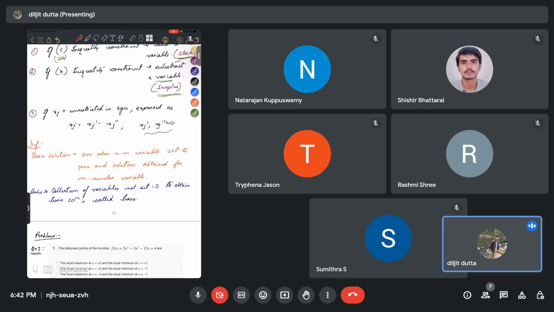This is a basic definition: a basic solution is one where n minus m variables are set to 0 and a solution is obtained for the m remaining variables. The collection of variables that are not set to 0 is called the basis.